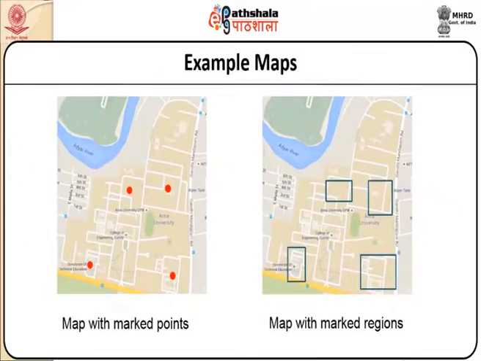Supposing you consider this as a map, this is a geographical information system of a particular area. So, I have given 2 different distinctions here. One is a map with marked points and the other a map with marked regions. What does it mean? Say for example, in a specific area, I have marked a particular location by a point, which is indicated in red, and several points that exist.